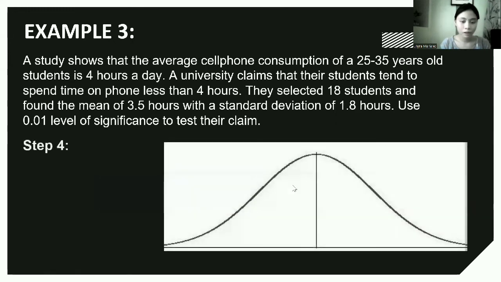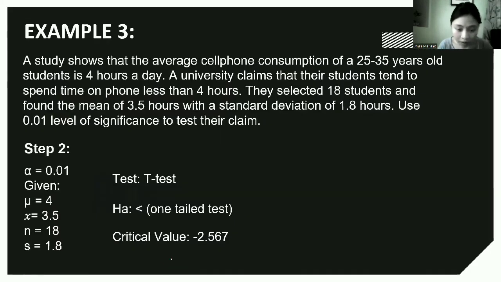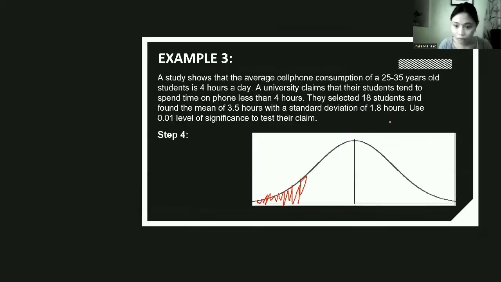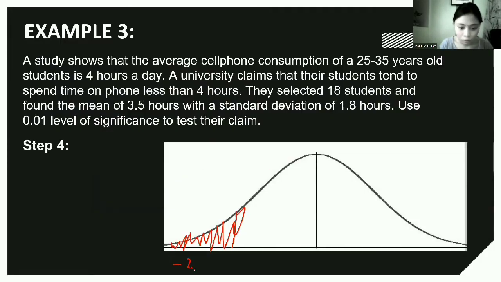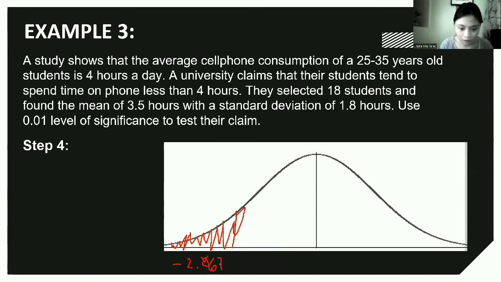So decision ulit tayo. Balikan natin ang critical value. Negative 2.567. Ayan, 2.567 yun guys.